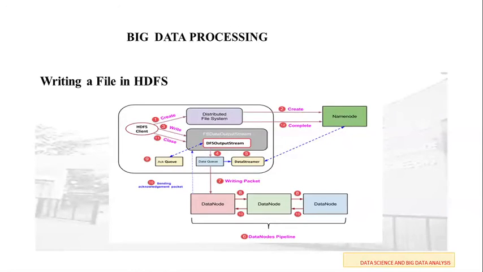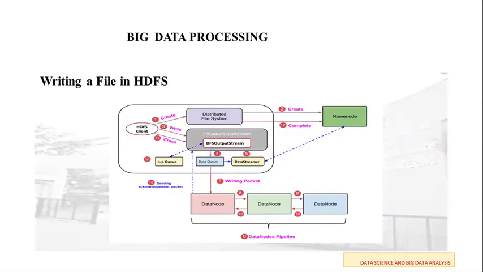If the file already exists or the client does not have sufficient permission, then an IO exception is thrown to the client.